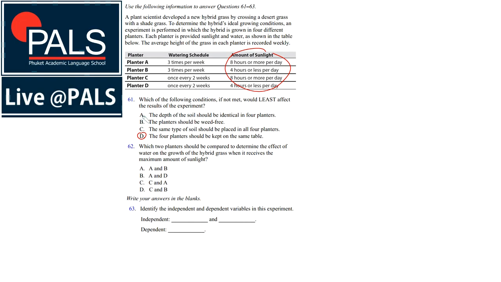The more roots, the faster the growth eventually. So A does affect the growth rate. The planters should be weed-free. The weed is a competitor with the grass, so that would definitely affect its growth. The same type of soil should be placed in all 4 planters, because they could contain different types of nutrients which could affect the growth of the grasses differently. So least effect would have D.